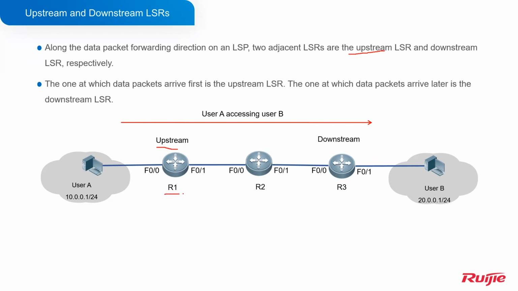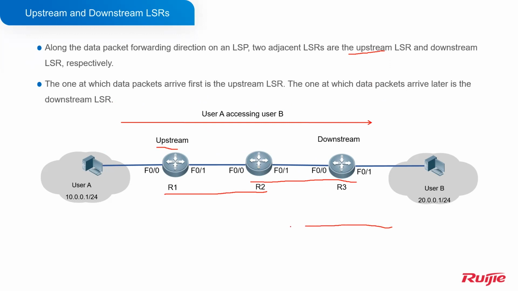Between route 1 and route 2, route 1 is the upstream router and route 2 is downstream. But comparing route 2 and route 3, route 2 is the upstream router and route 3 is the downstream router. And also, according to the direction from A to B, route 1 is upstream.